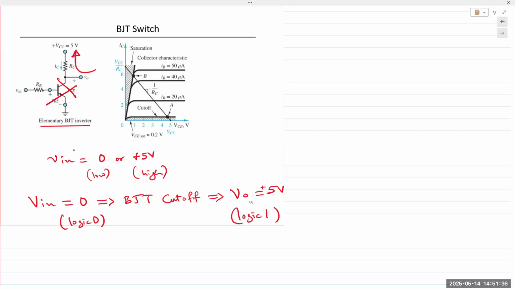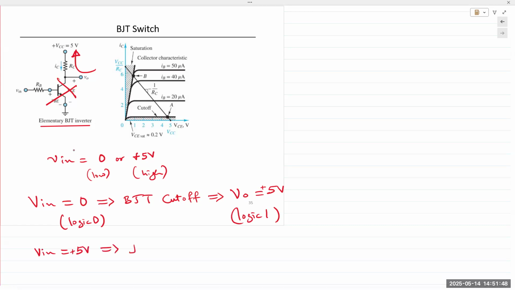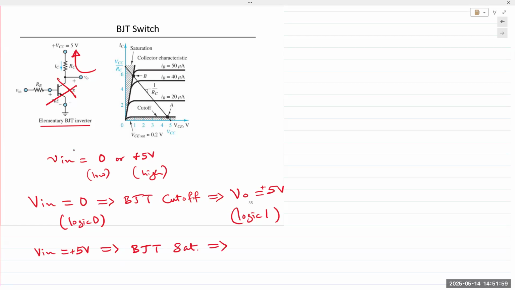The opposite happens when V in is equal to 1. Or instead of 1, let me write it as plus 5 volts. BJT turns on. And because it's on and it's large enough, we can say BJT is saturated.